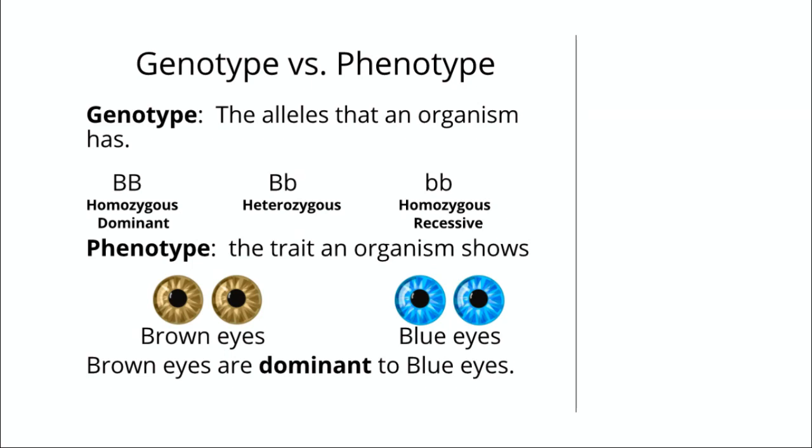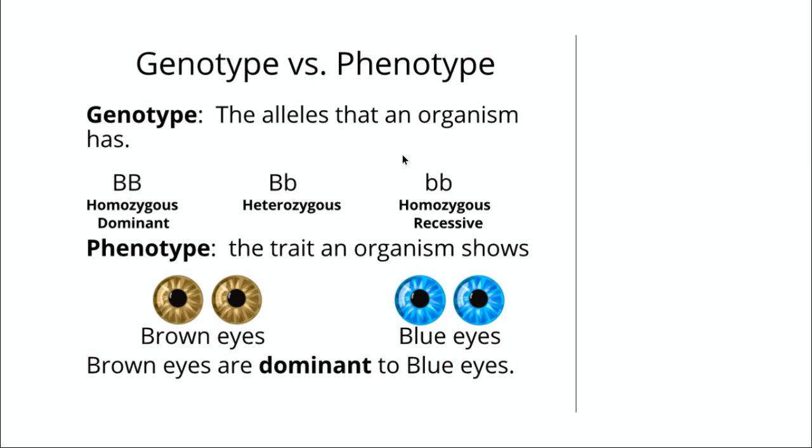Homo means the same, so 2 of each would be homozygous. Phenotype is the actual appearance, the trait an organism actually shows. So brown eyes versus blue eyes. In this case, brown eyes are dominant to blue eyes. And so you would have, as a reminder, brown eyes showing for big B, as well as for big B, little b, for the heterozygous trait.